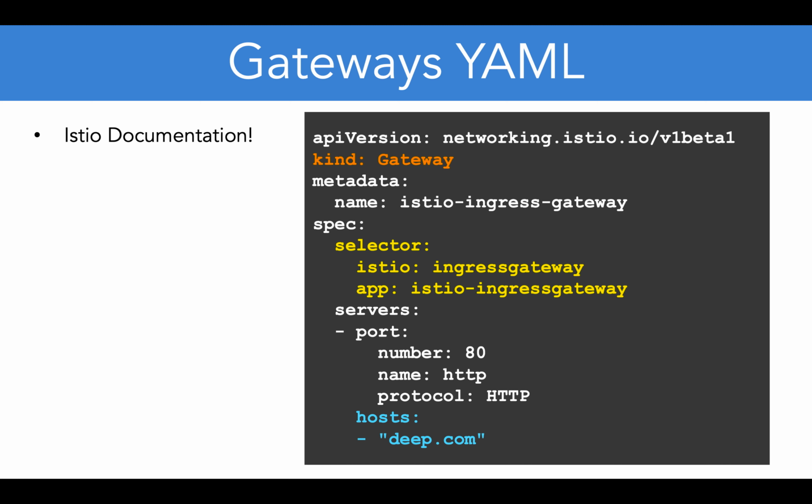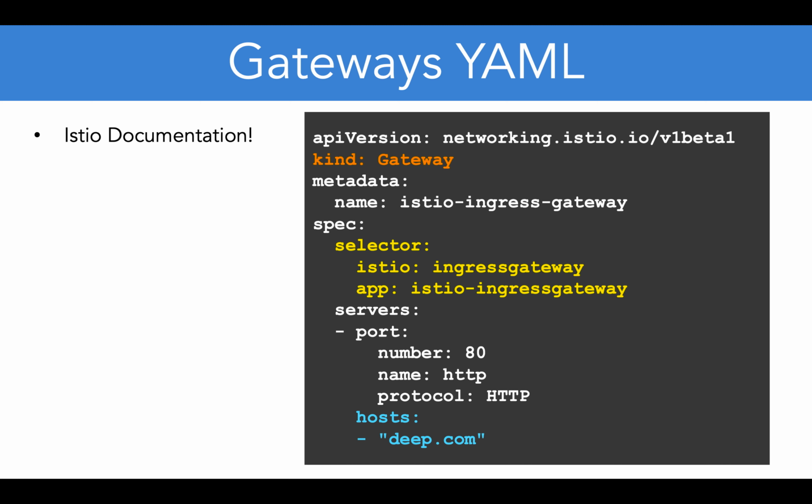So when one app tries to connect to another app, or one service tries to connect to another service using the service FQDN or fully qualified domain name, it goes to the sidecar proxy and finds out the routing rule in the sidecar proxy, because the routing rule was already set by the virtual service. Now the hosts that we used in virtual service was the fully qualified domain name of the service. Now here we should have domain names that would come from the external world.